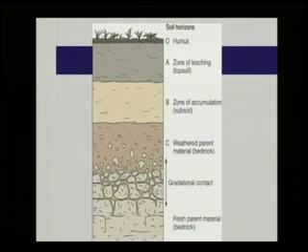Here is a graphic depiction of that. Notice how thin that O horizon is. Of course, depending on the location and the amount of precipitation and the temperature, the width of these zones will vary quite a bit. Here you see an A zone, or a zone of leaching, and this is where water infiltrates through during a rain.